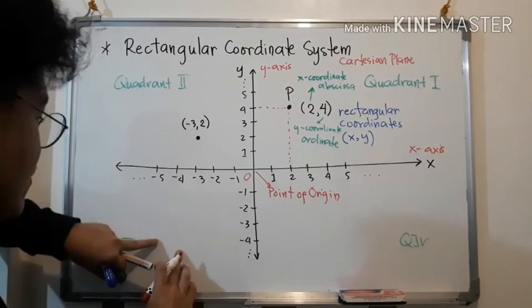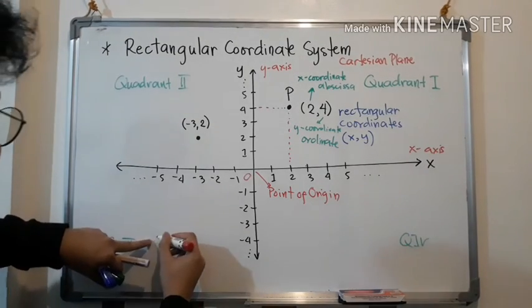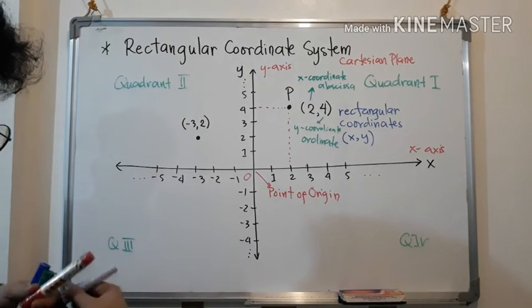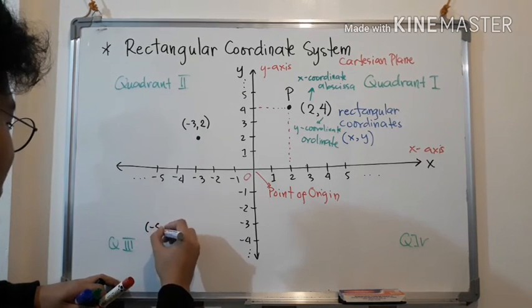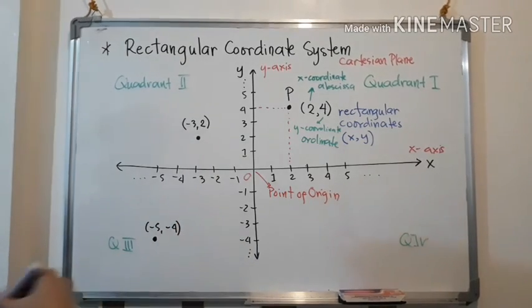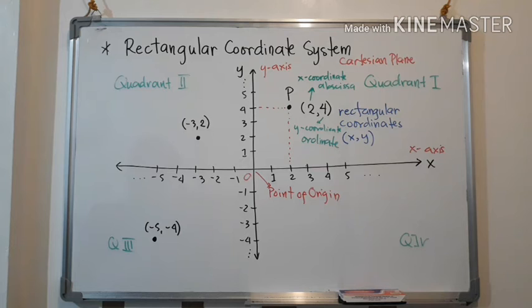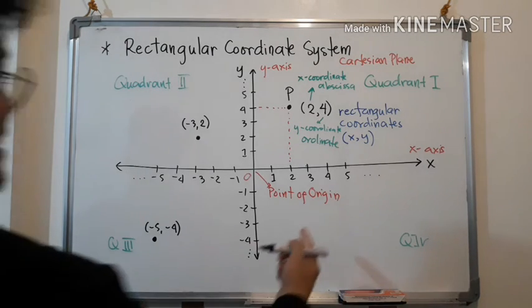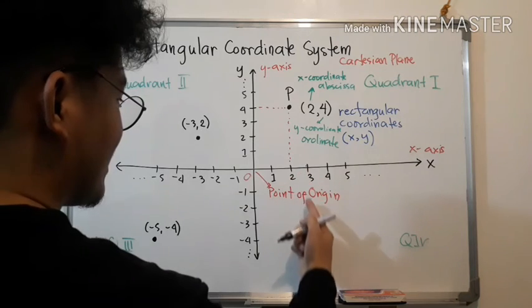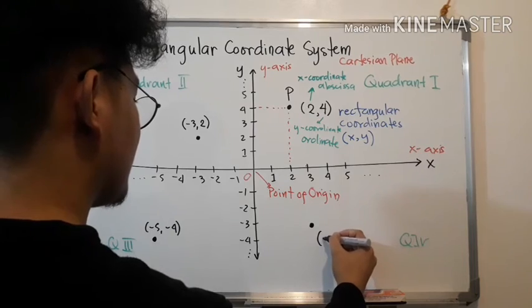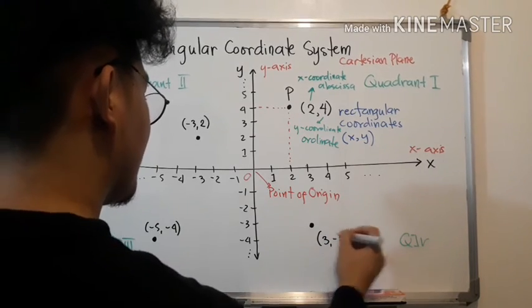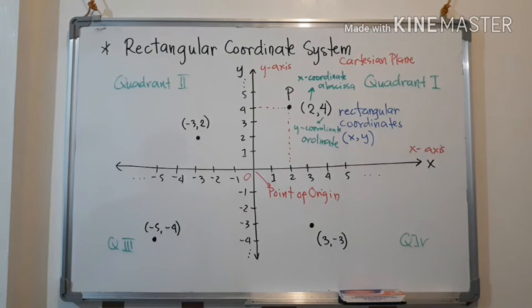We just estimate the location or the plot. So, this is (-5, -4). It's in quadrant 3. How about if I instruct you to plot the point (+3, -3)? So, this is point (+3, -3), and it's in quadrant 4.